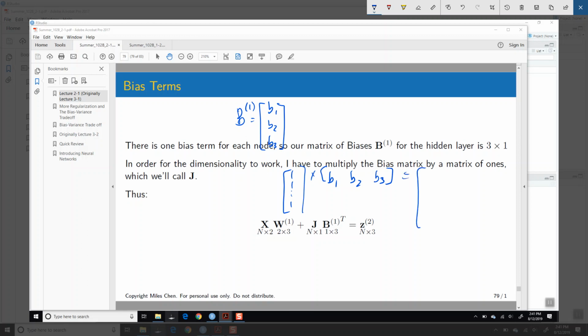And this will become B1, B2, B3, B1, B2, B3, dot, dot, dot, B1, dot, dot, dot, B2, dot, dot, dot, B3.